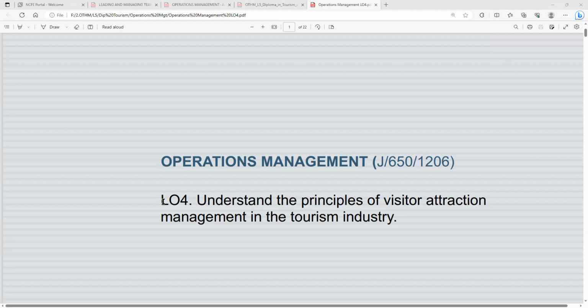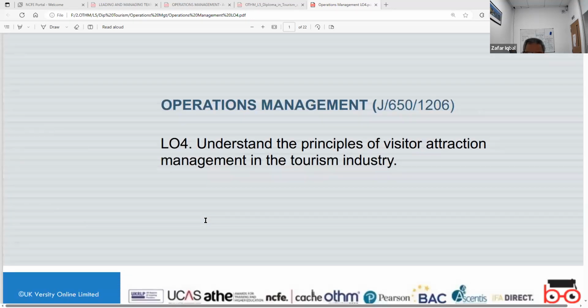External factors like, for example, political situation, economic issues, or technological and so on. So these types of issues affect the operations management in the tourism industry.